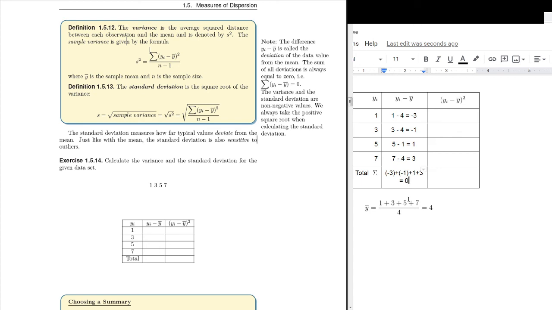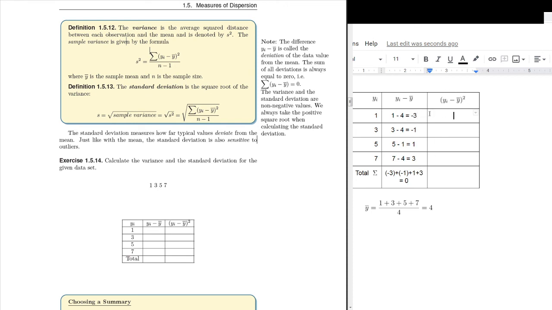And this will always be true. The sum of the deviations is always equal to 0. And this is partly why we want to square the deviations, so that we make all of the differences be a positive value.